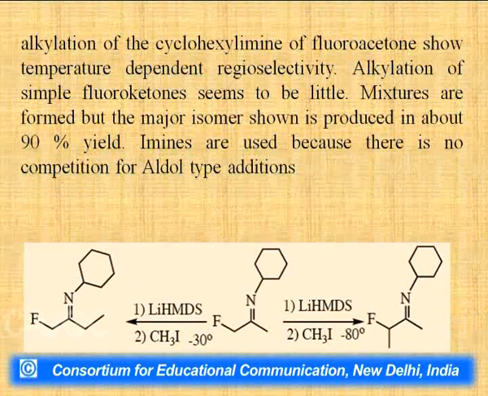Alkylation of the carboxyl amine of fluoroacetone shows temperature dependent regioselectivity. Alkylation of simple fluoroketones seems to be little used. Mixtures are found, but the major isomer shown is produced in about 90% yield. Imines are used because there is no competition from aldol type additions.